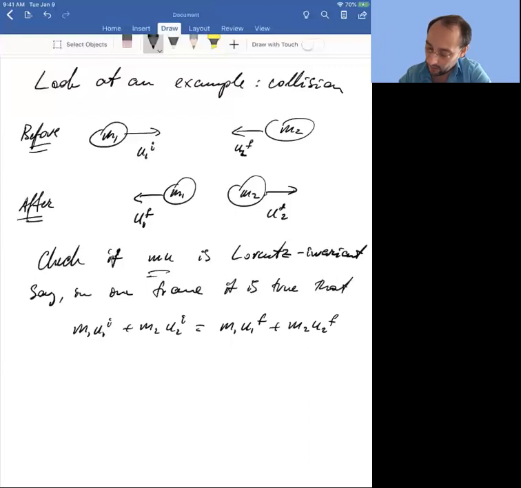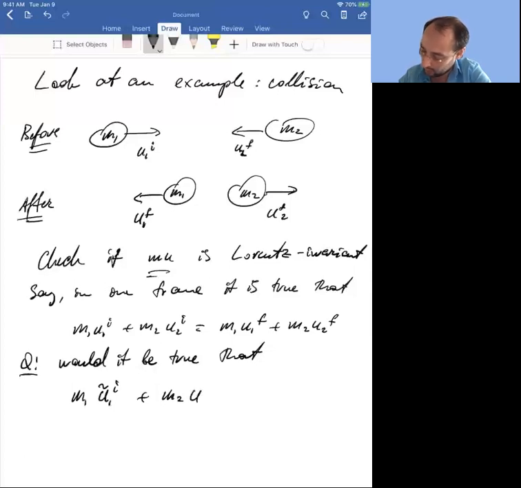I.e., question: would it be true that m1 u1 initial plus m2 u2 initial equals m1 u1 final plus m2 u2 final?